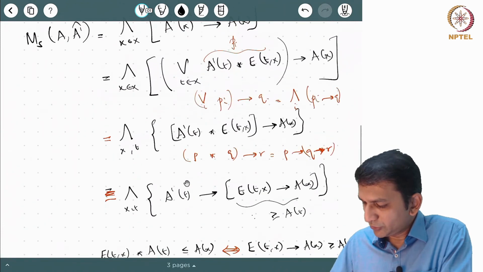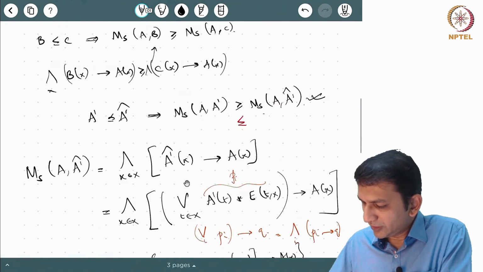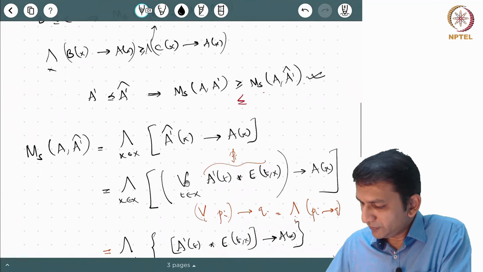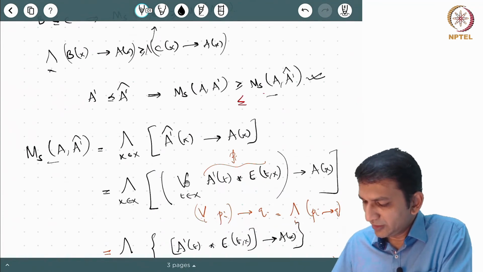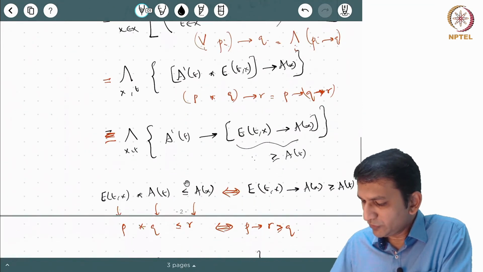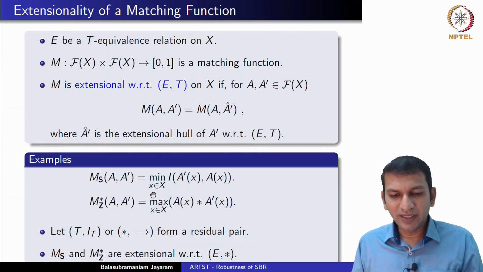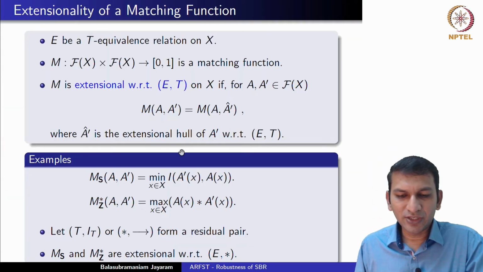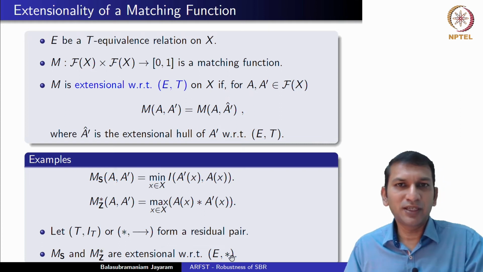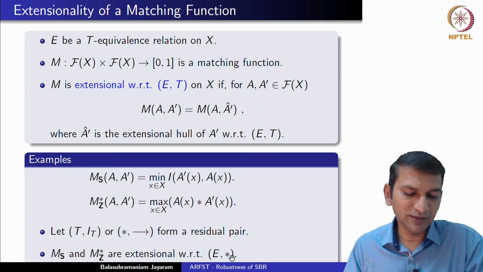What we wanted to show was that this quantity which we have taken here is greater than this quantity, and that's essentially what we have shown. So from here we see that ms is extensional with respect to the E star equivalence if the operations are coming from the residuated lattice structure.